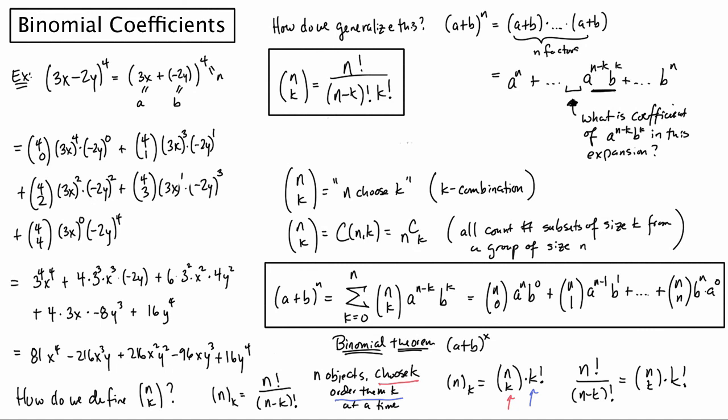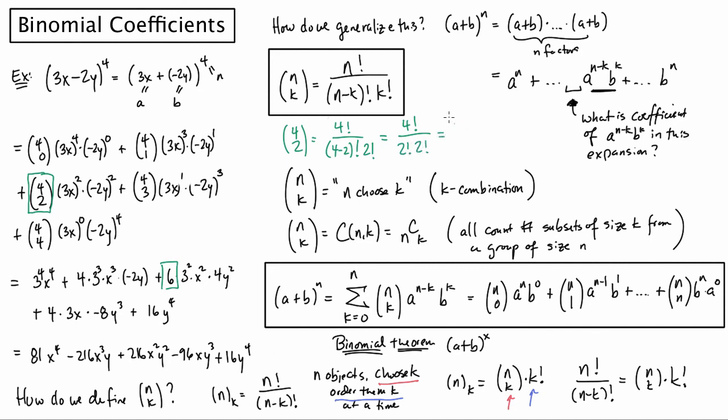And just to test this formula out, we said a bit ago, you're going to have to trust me that 4 choose 2 is 6. This is where we use that. So let's test that. 4 choose 2, according to the formula, is 4 factorial over 4 minus 2 factorial times 2 factorial, which is 4 factorial over 2 factorial times 2 factorial.